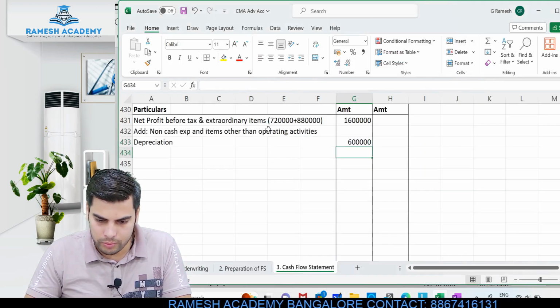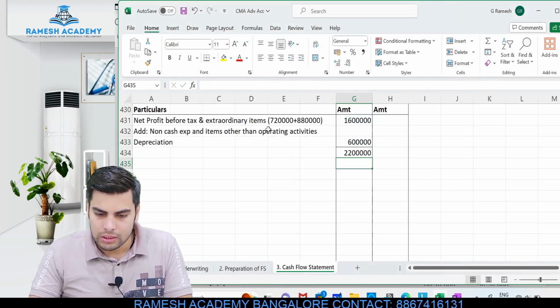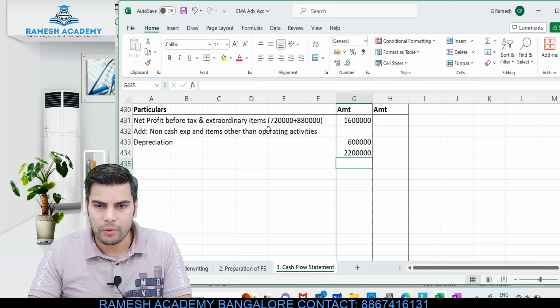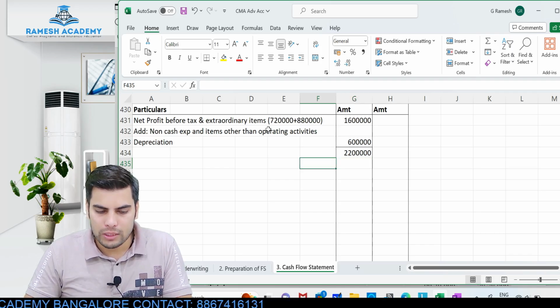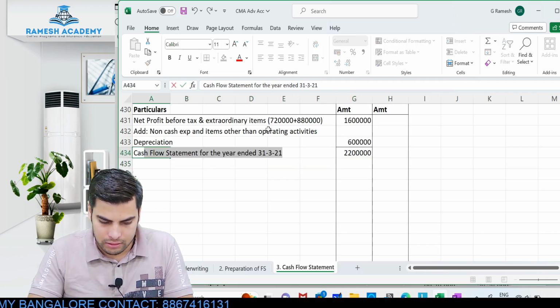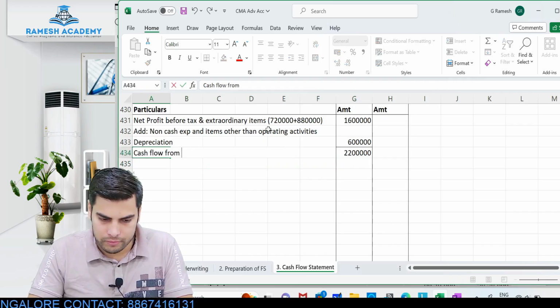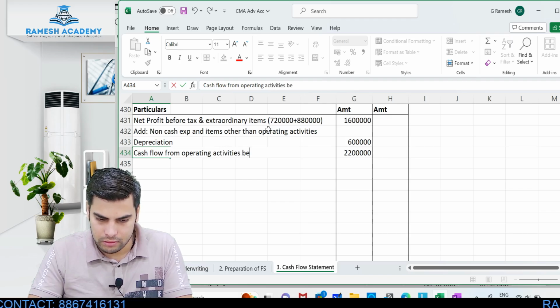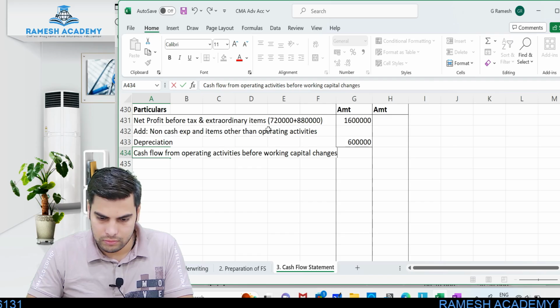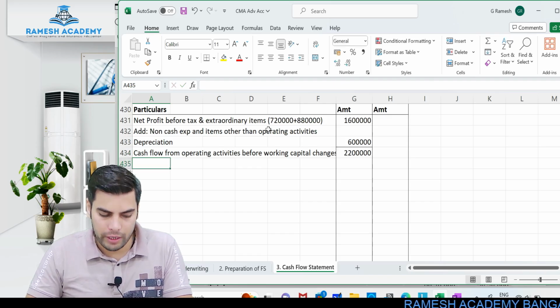So what would be the total of this? This would be 22 lakhs. So this will be called as what? This would be called as cash flow from operating activities before working capital changes.